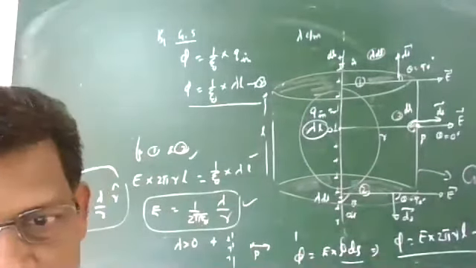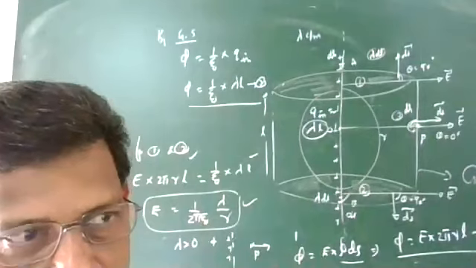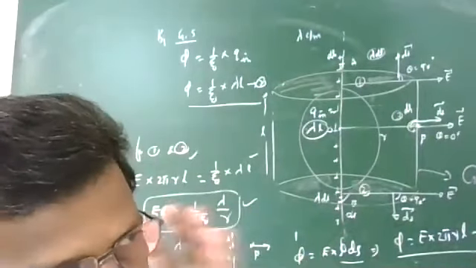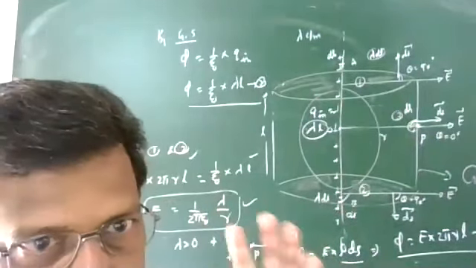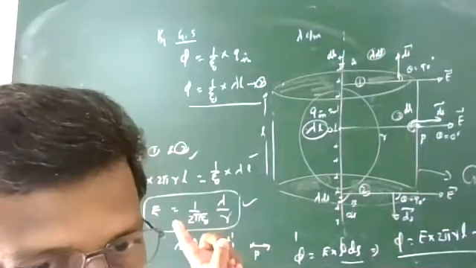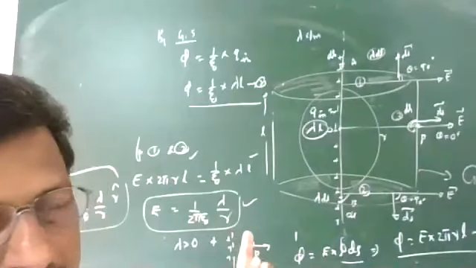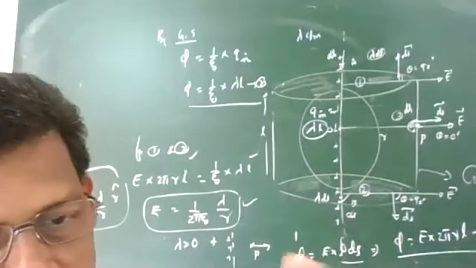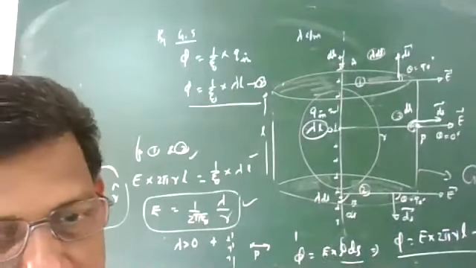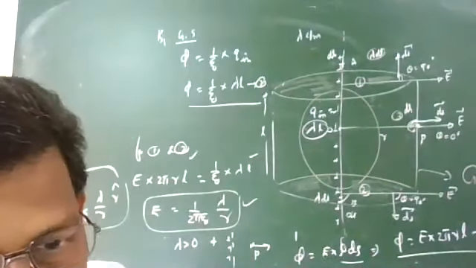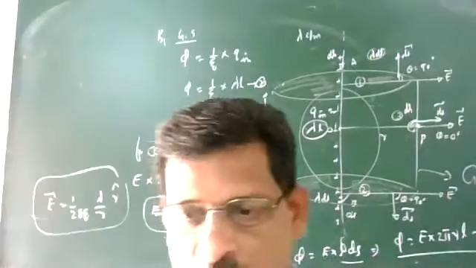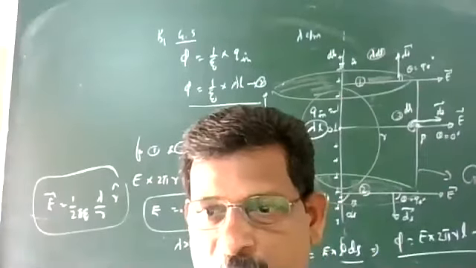This is the only difference. We use 1 by 4 pi epsilon 0 all the time, but in this equation only 1 by 2 pi epsilon 0 is there. Take care of that. That's why I asked. In almost all other equations that constant k is 1 by 4 pi epsilon 0, but in this one it is 1 by 2 pi epsilon 0. Remember this, all of you. That is why you have to write 1 by 2 pi epsilon 0 five times.